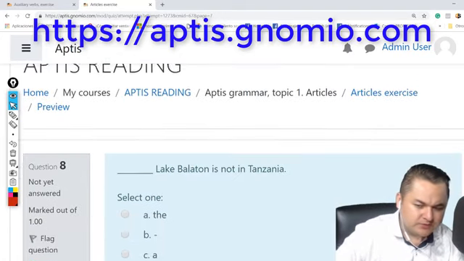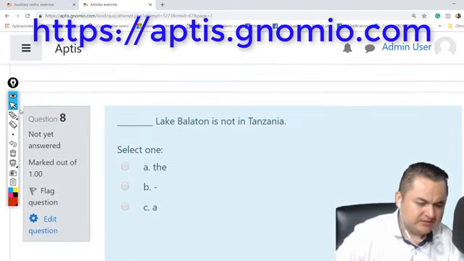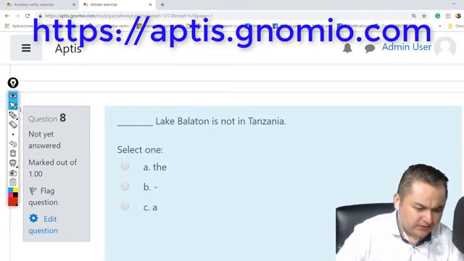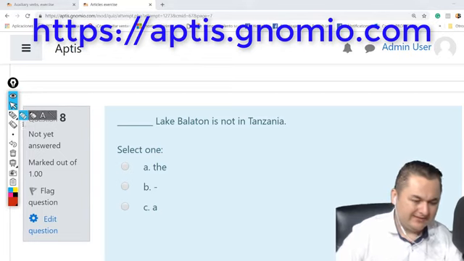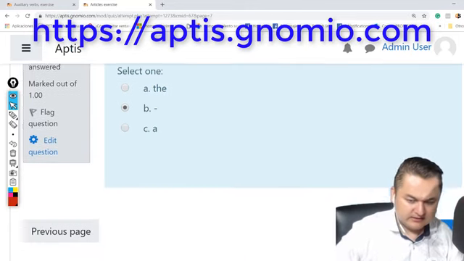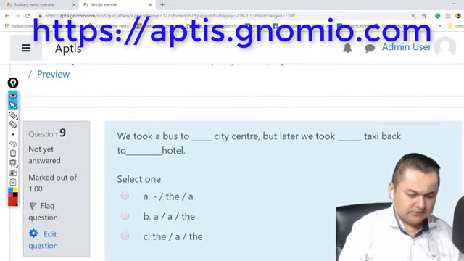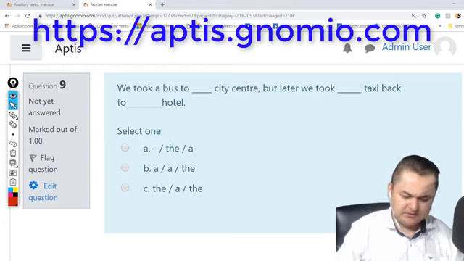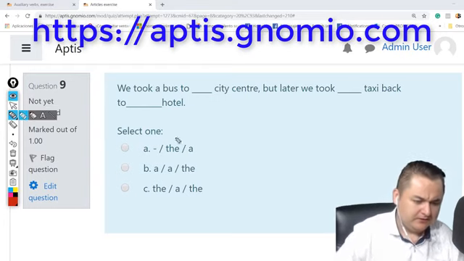And then we have this one here, and it says Lake Balaton is not in Tanzania. But in this case, I just say Lake Balaton is not in Tanzania. That's what I say. Then, in this question, we have 3 options.